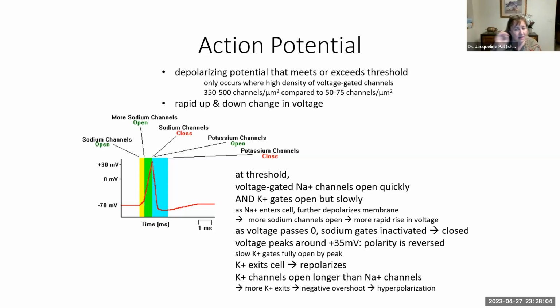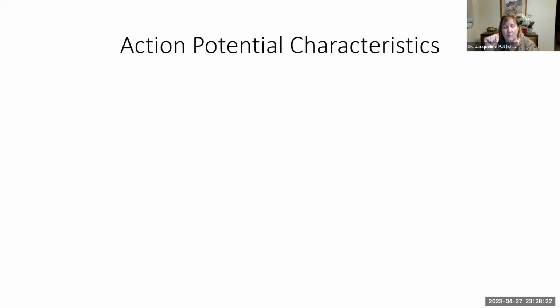So we don't actually stop on the dime of the minus 70 millivolt. We actually overshoot the resting membrane potential, and this is called hyperpolarization. And we will gradually come back up to the resting membrane potential.